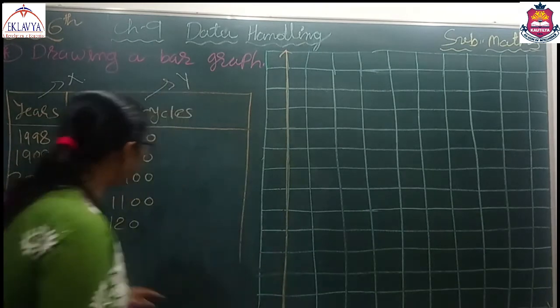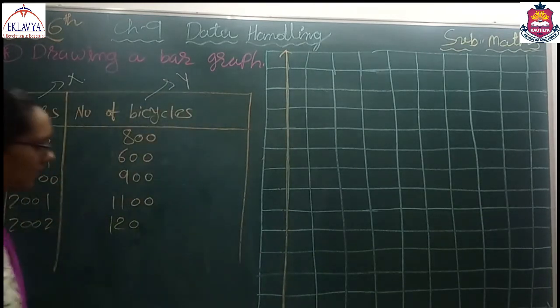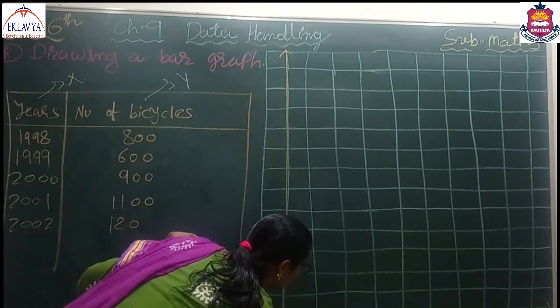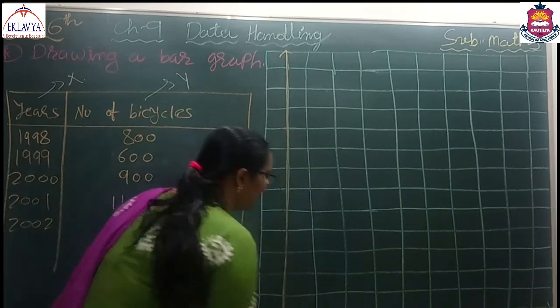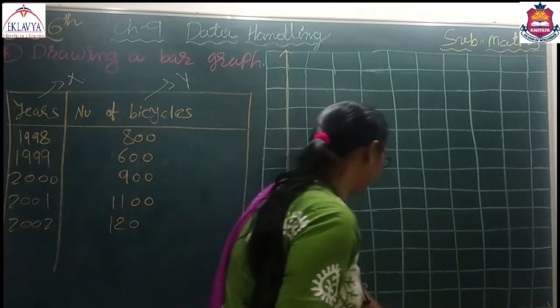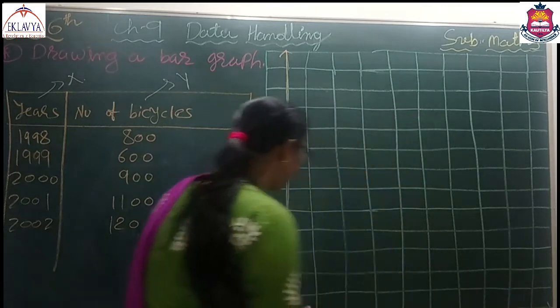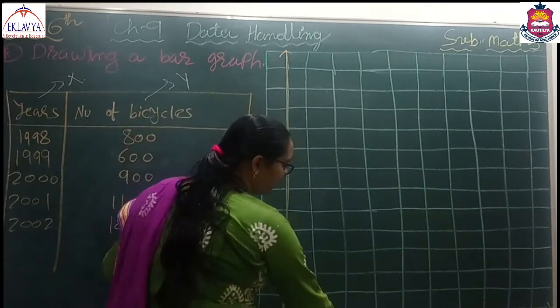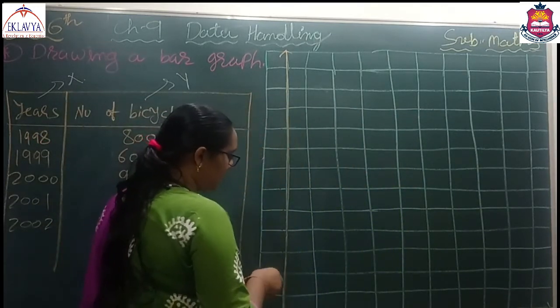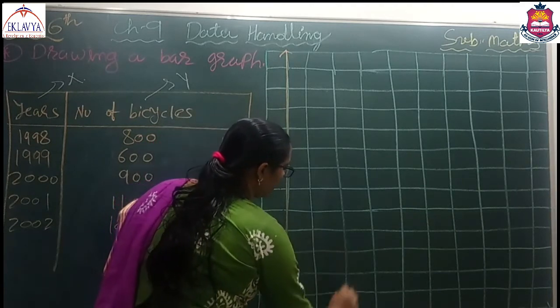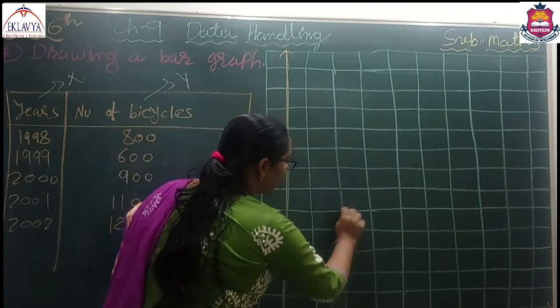On the x-axis we have to show the data. From where will we start? 1998. So this will be 1998. Then leave one box. Why do we need to leave one box? If I draw 1998 here, then 1999 would come here.